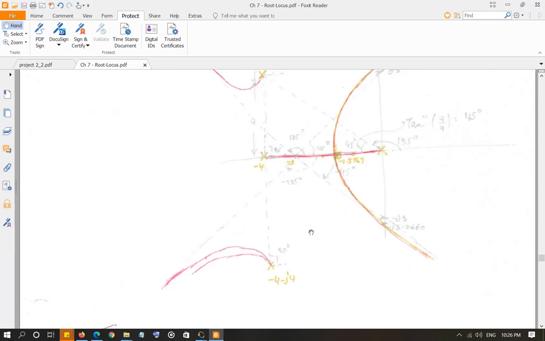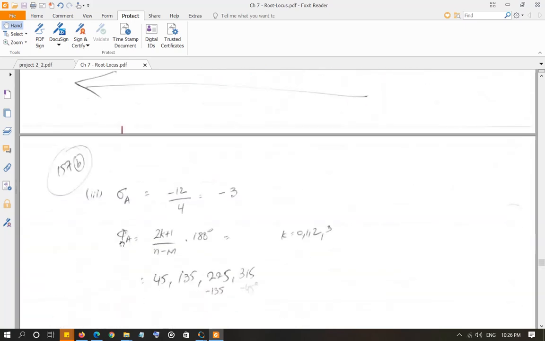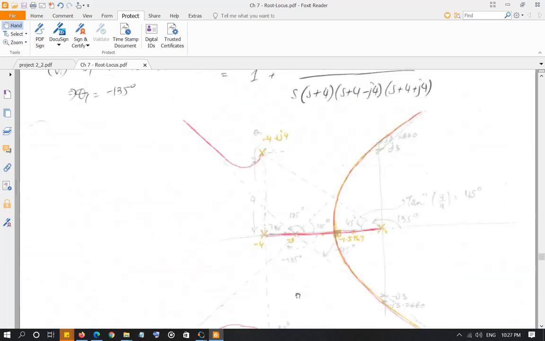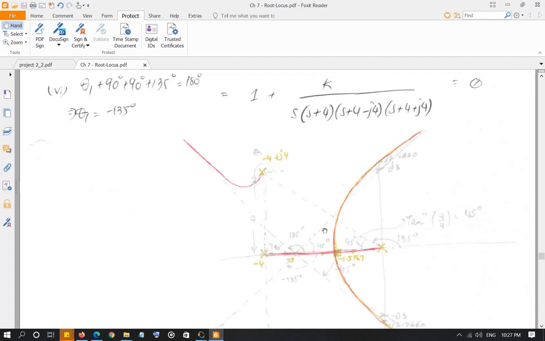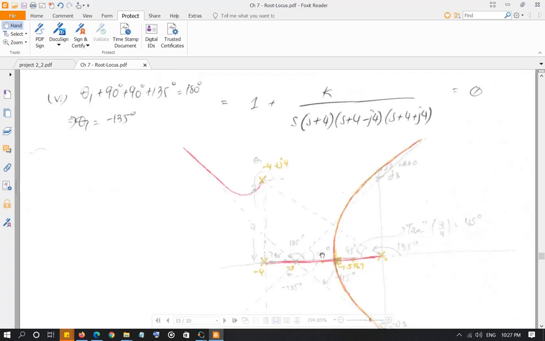Okay, what will be the angle of asymptotes along which the zeros will be located? We're going to figure this out using (2k plus 1) times 180 over n minus m, and since we have 4 zeros, we're going to take k equals 0, 1, 2, 3, and when we put that, we're going to get these angles: 45, 135, 225, which is -135, and 315, which is -45. So we're going to make those angles 45 degrees, 135 degrees, -135 degrees, and -45 degrees.